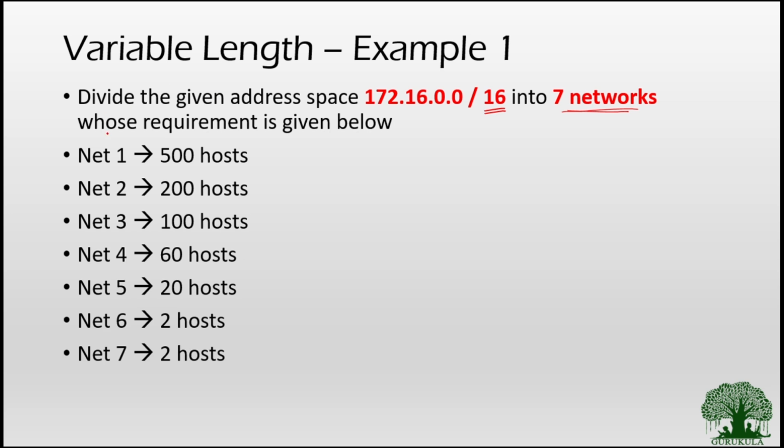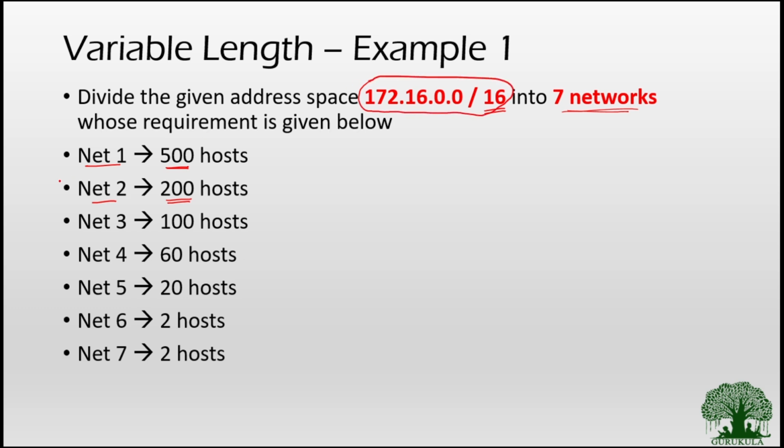Then we are expected to divide this into 7 networks. In each network, for network 1 you will have to have 500 hosts, and for network 2 you will have to connect 200 hosts. This is the requirement given by the system administrator.